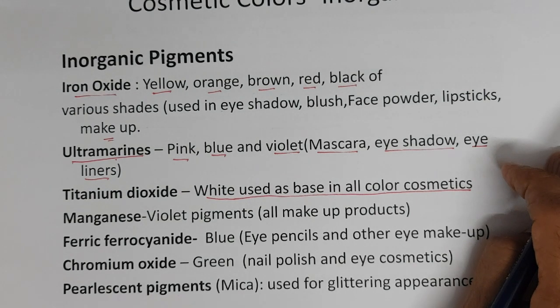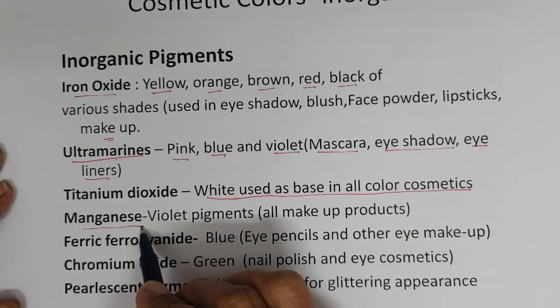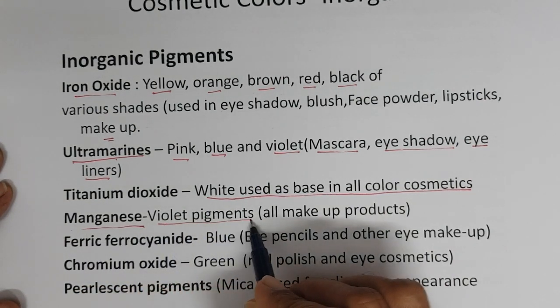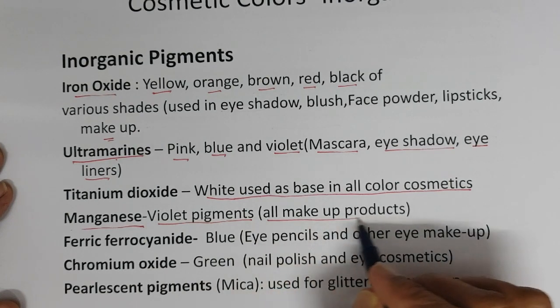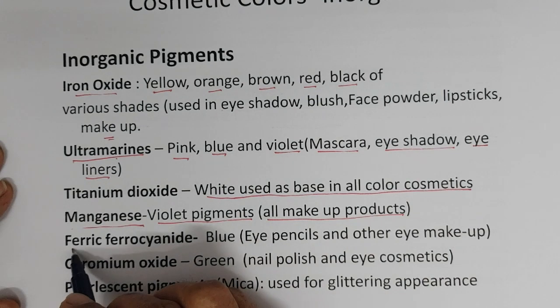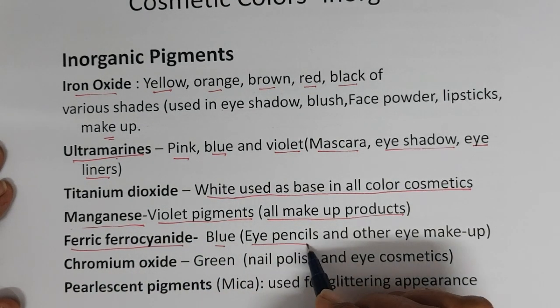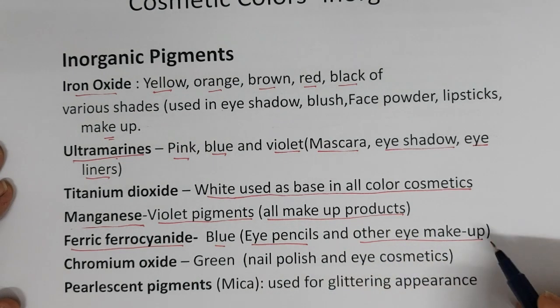Liquid makeups, everything. So manganese gives violet pigments. In all makeup products it's used. No? Ferric ferrocyanide, blue, is used in eye pencils and other eye makeup products.